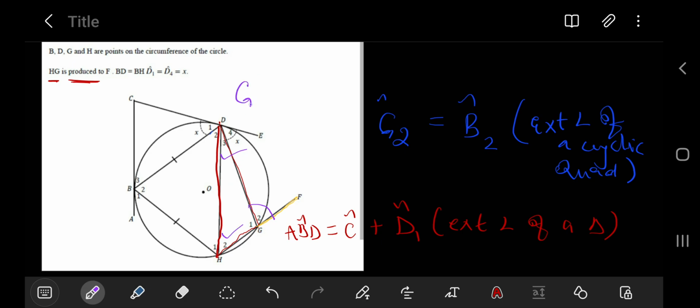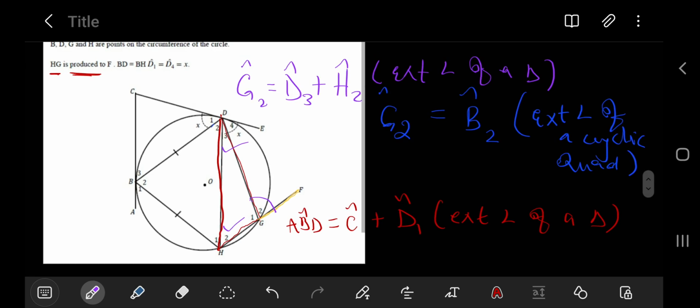So you can say angle G2 is equal to D3 plus H2. Reason being, exterior angle of a triangle: it should be equal to the sum of the two opposite interior angles. So that is how we interpret the lines which are produced in this case, right?